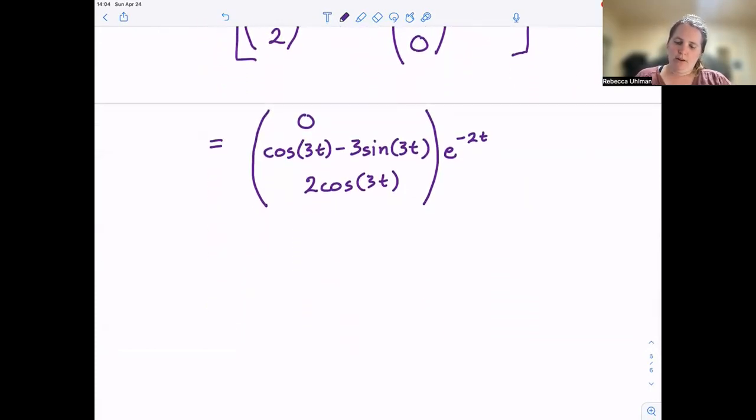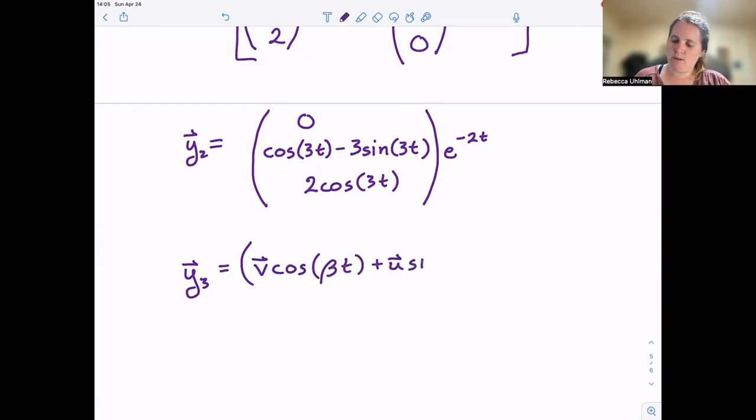For y3, we have v times cosine of beta t plus u times sine of beta t, all multiplying e to the alpha t.